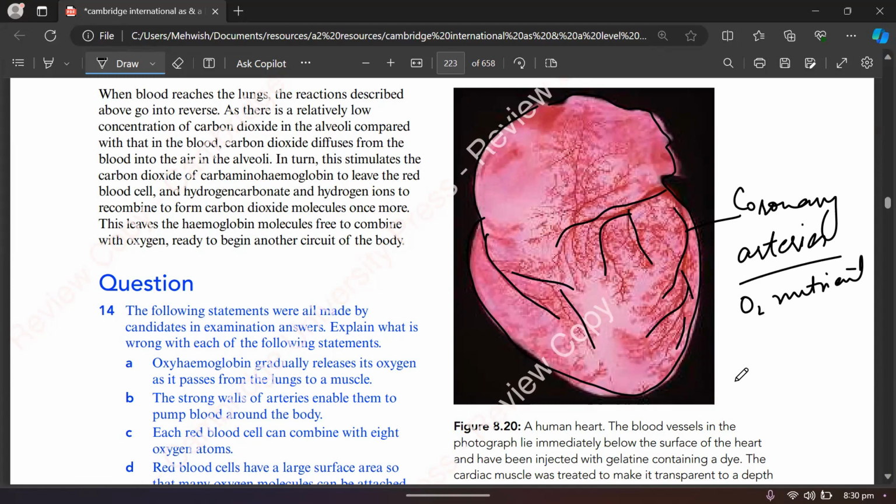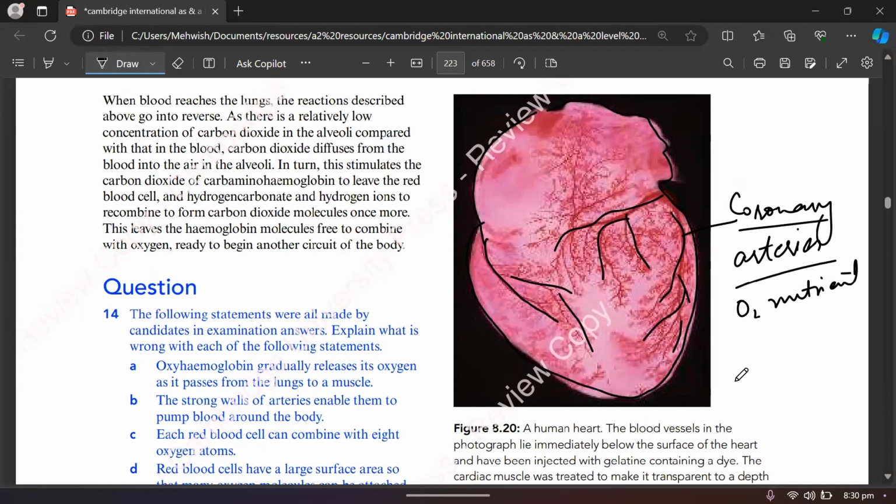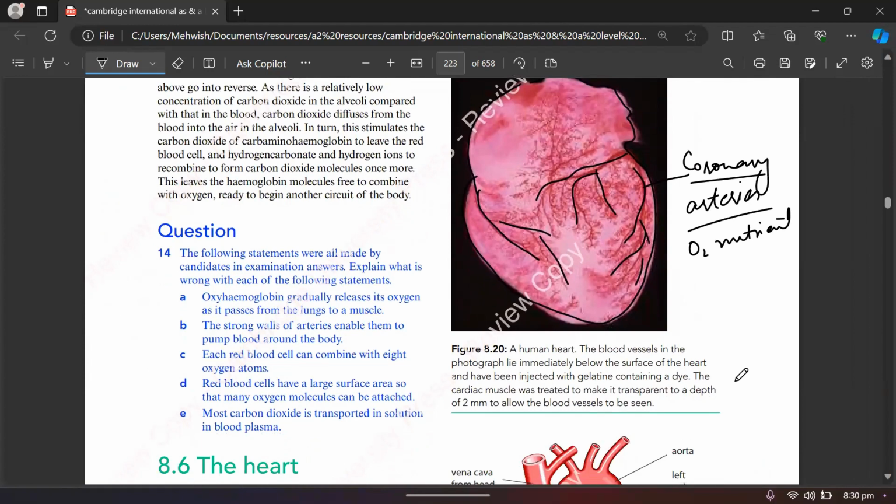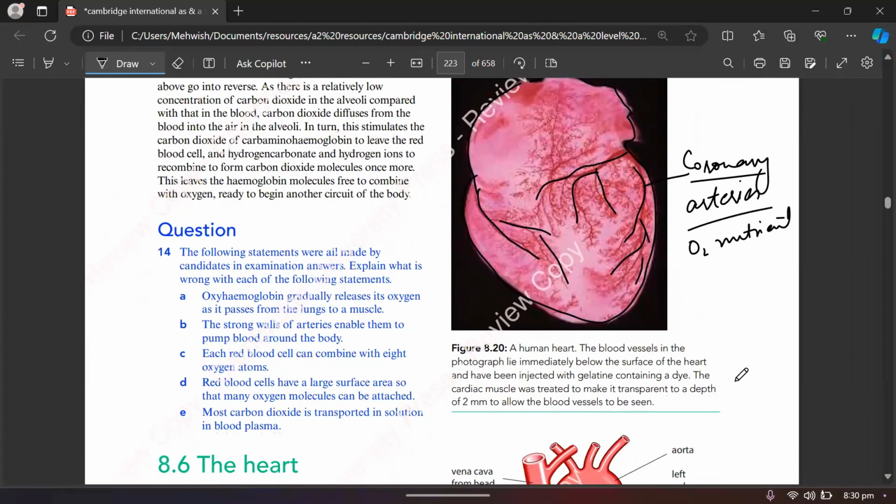So if there is any problem in a coronary artery, like a clot, a patient may get a heart attack, or angina will be the result of minor clots that restrict the blood flow to any part of the heart.